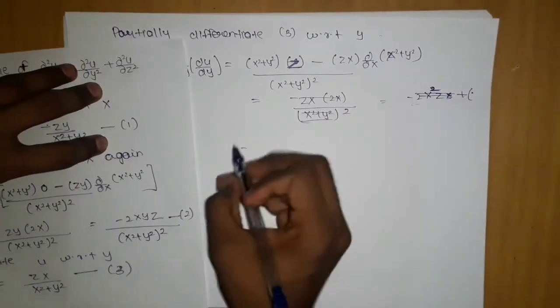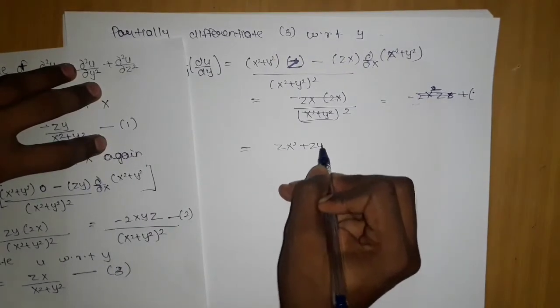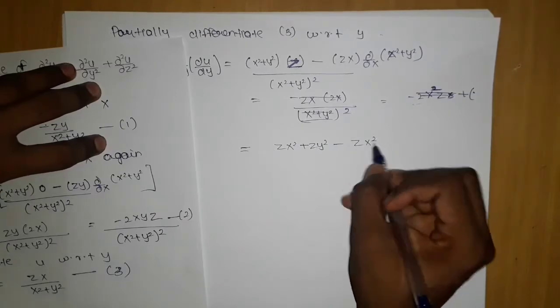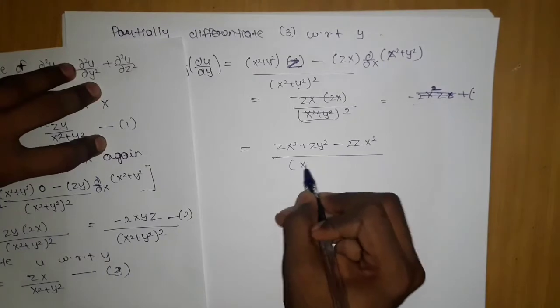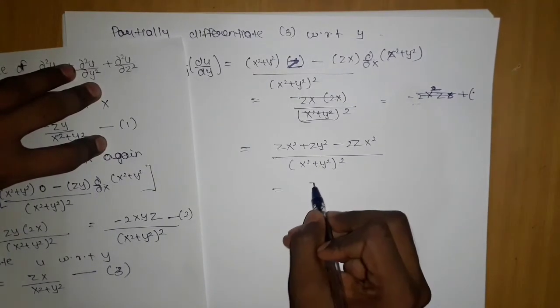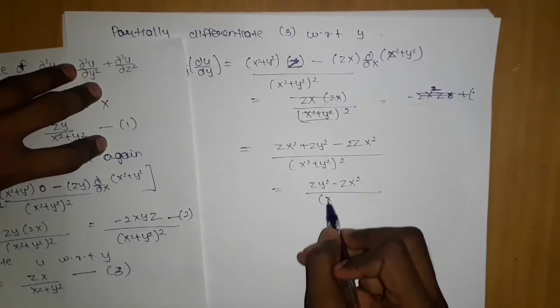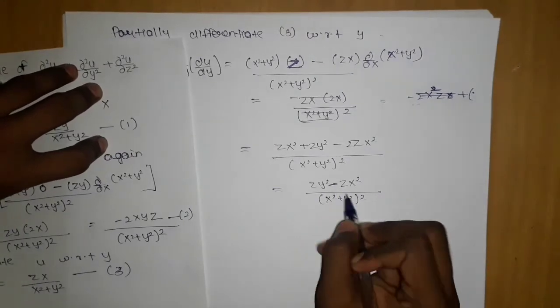Okay, this thing is wrong. This will be zx square plus zy square minus zx square 2, and here we are having x square plus y square the whole square, which will be zy square minus zx square, giving us finally x square plus y square the whole square.